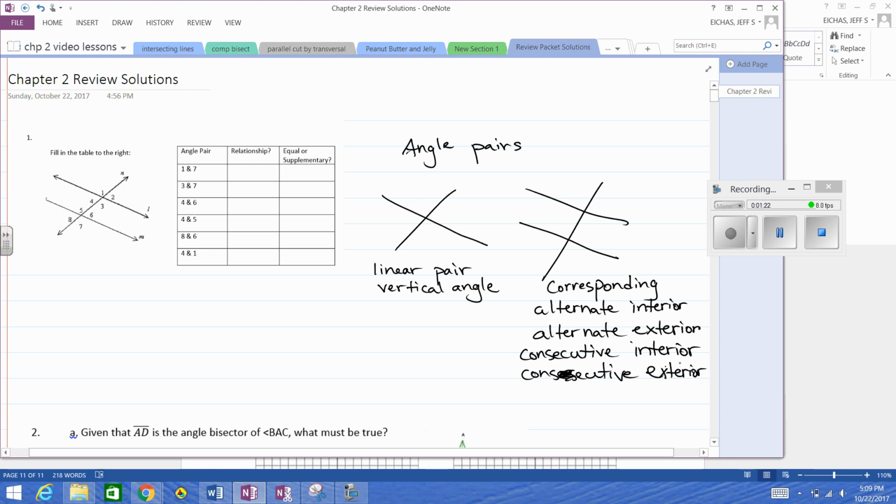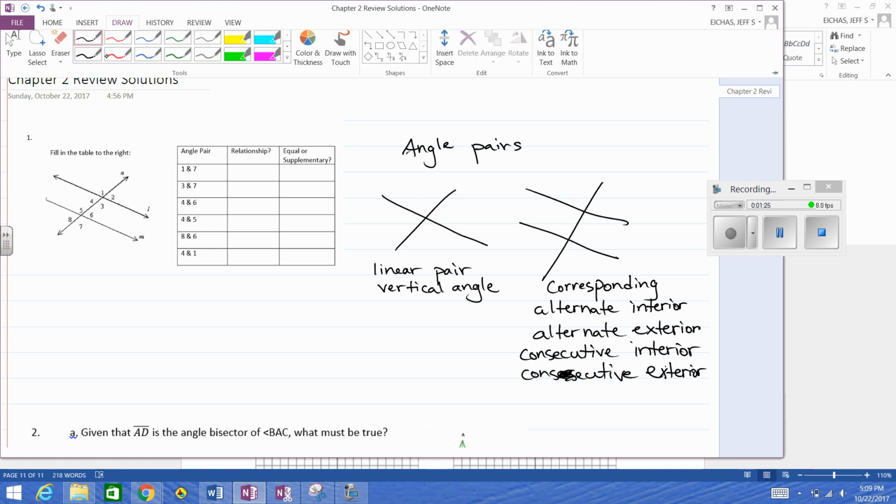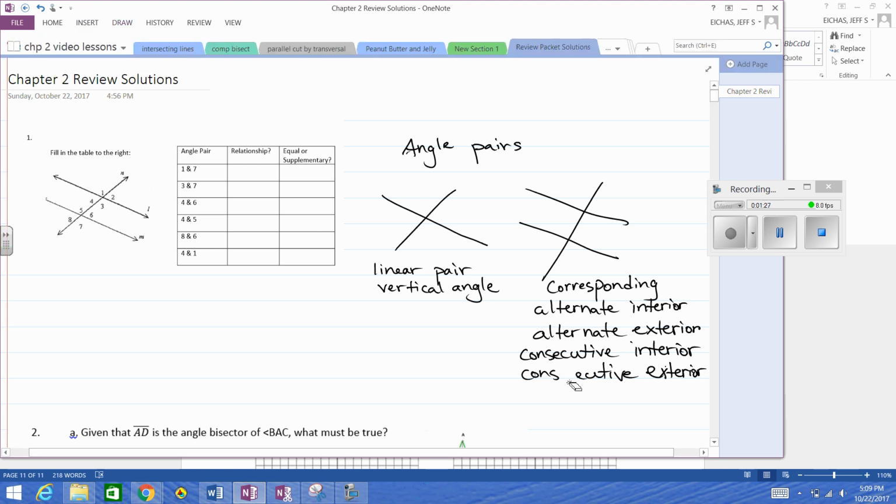So those are the angle pairs that we're going to choose from here. So let's go through and look at that.